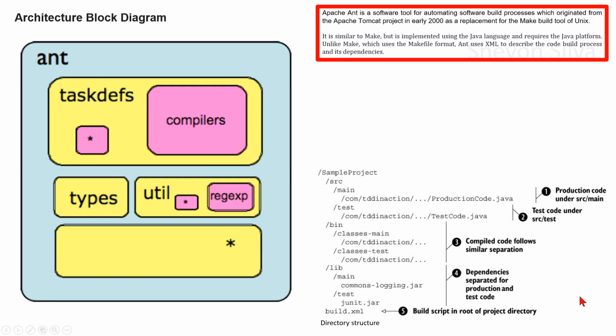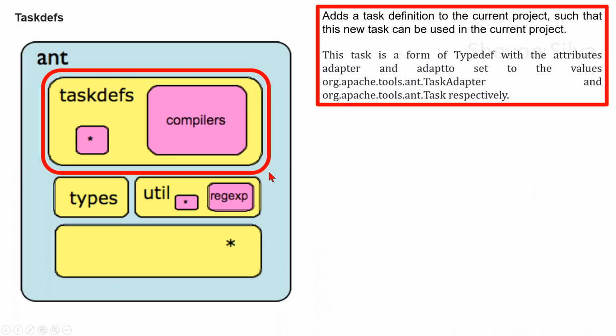Now we are focusing on Taskdefs. Here we also consider tasks. Taskdefs add the task definition to the current project such that this new task can be used in the current project.